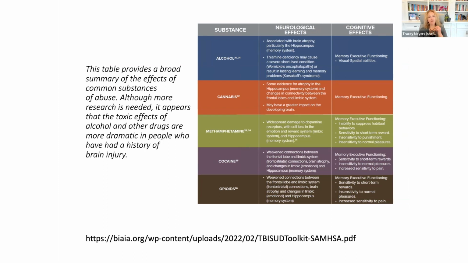So people that have had brain injuries who already have weaknesses in areas of the brain that are impacted by these substances can have a much more dramatic effect in a negative way when they take in substances. Very simple. If you think about Donna, when Donna had a relapse of alcohol, she actually had a seizure.